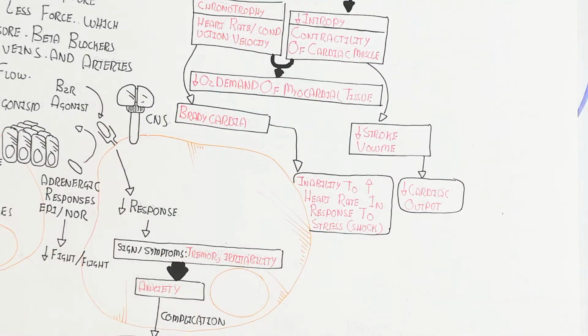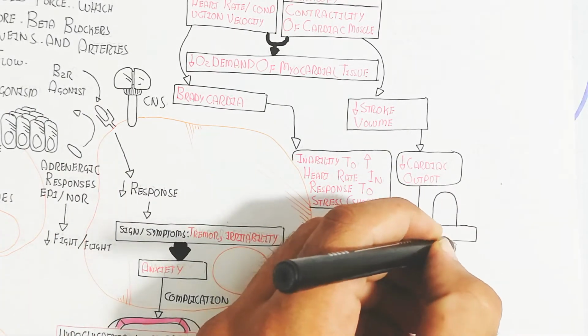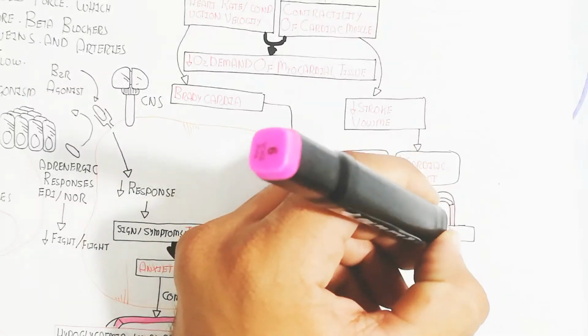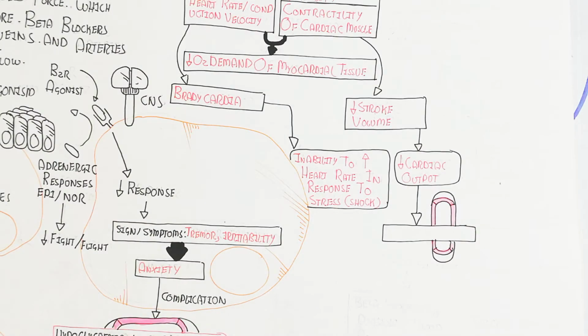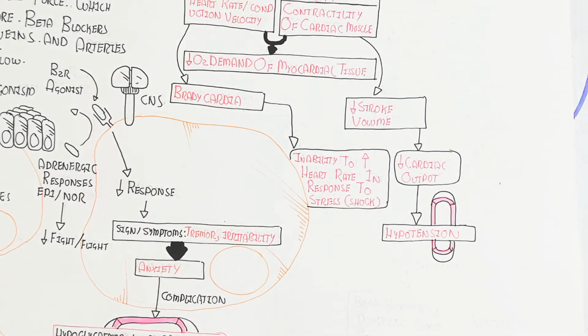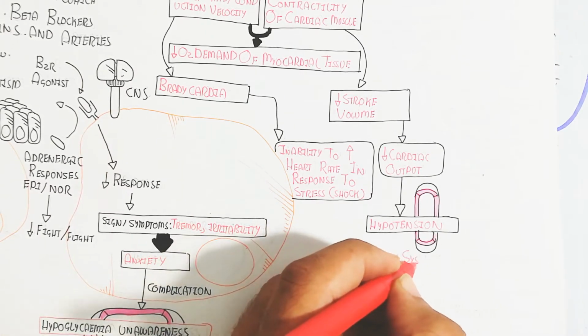On the other hand, the inotropy will lead to decreased stroke volume. Stroke volume means the pump of the heart, which will be decreased, and the cardiac output will be decreased. Why? Because the filling of the heart will be increased more.